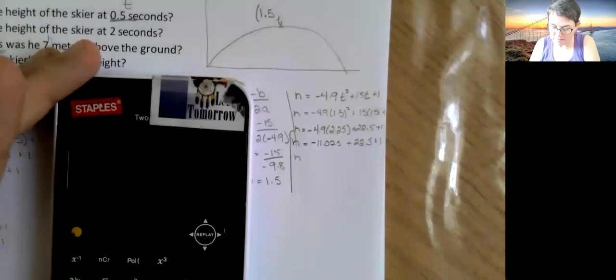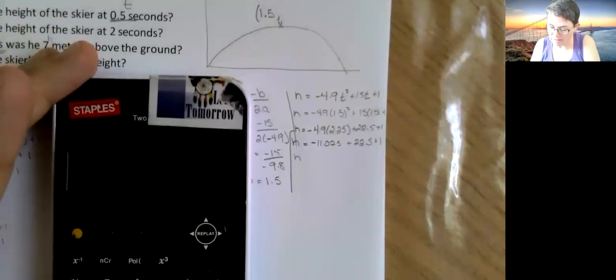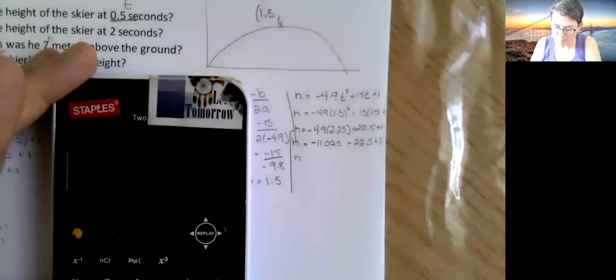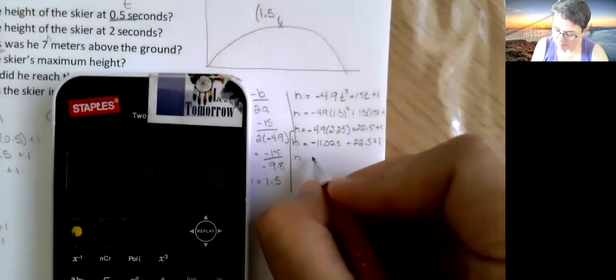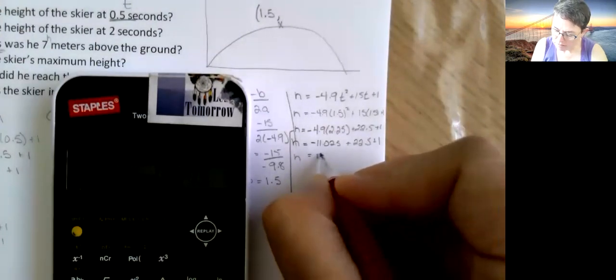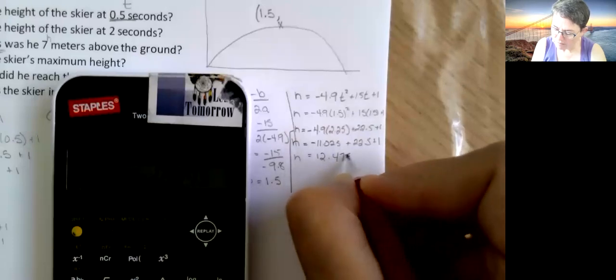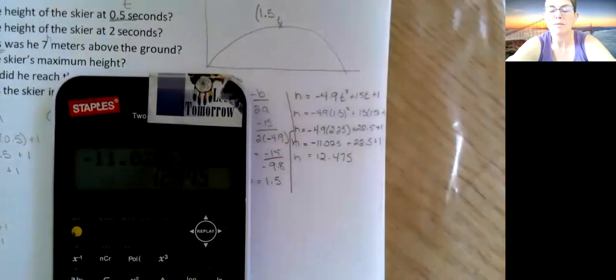So minus 11.025 plus 22.5 plus 1. So after all that work, 12.475.